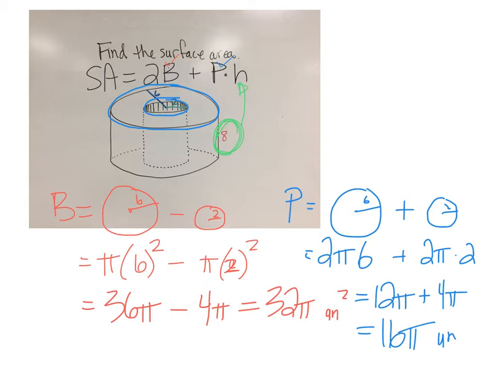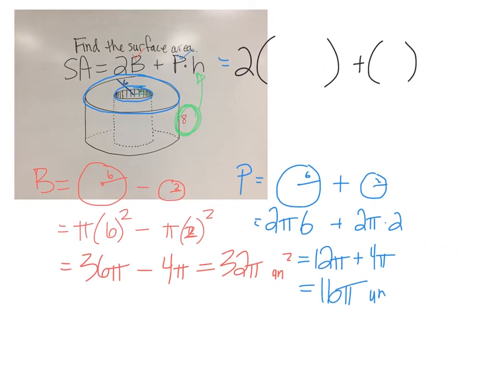So now that we have both of those, we can go back into our original formula: 2 area of the bases plus the perimeter times the height. So our base area was 32 pi square units, our base perimeter was 16 pi, and our height is 8.